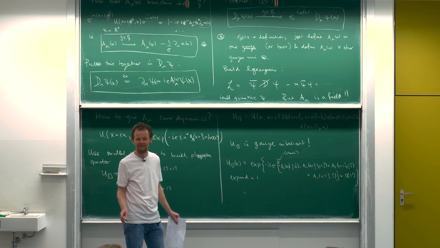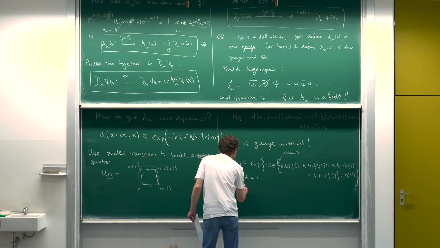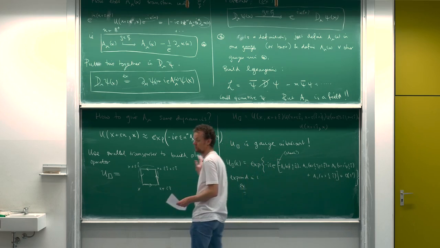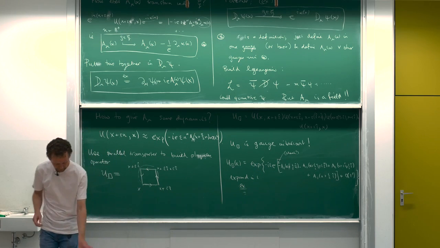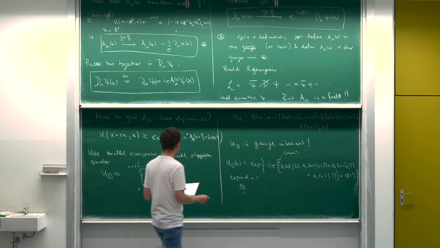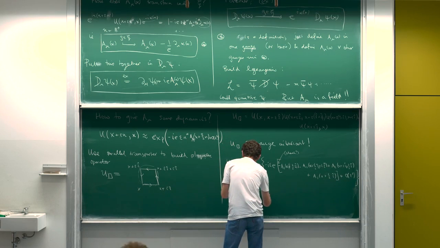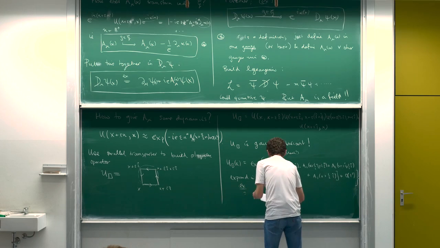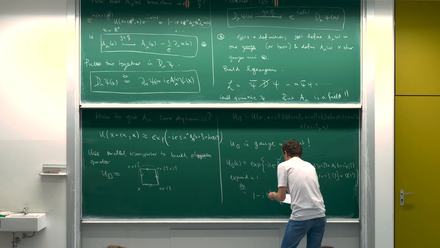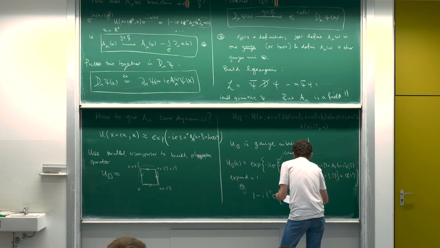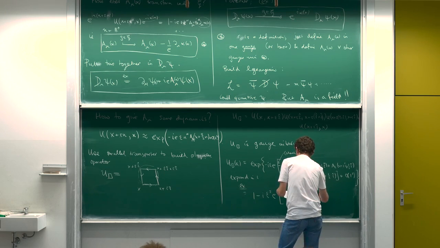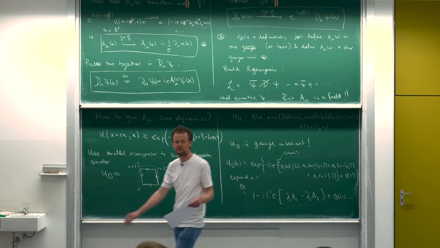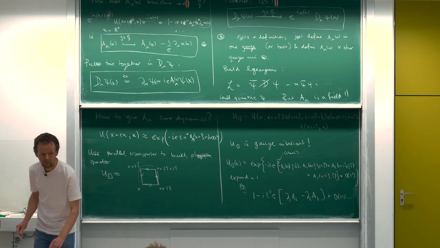You have to do some more Taylor seriesing to get that, but believe me, it cancels. And then only at order epsilon squared do we actually get something.